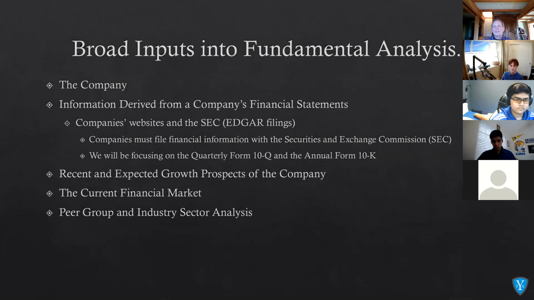But the company's financial statements provide a lot of the key inputs into determining how a company should be valued. Once you understand the language of those financial statements, the more relevant they are, and the stronger the connection you'll see between the company's financial information and how the stock is going to be valued.